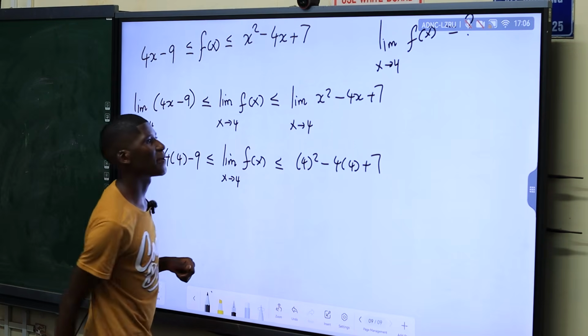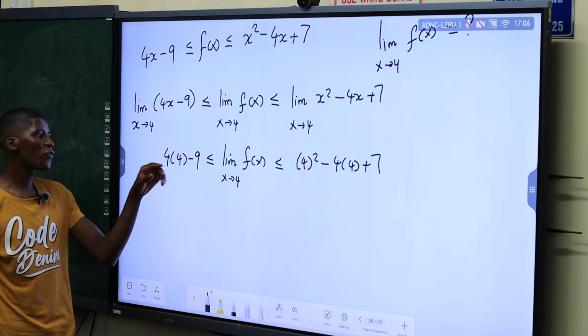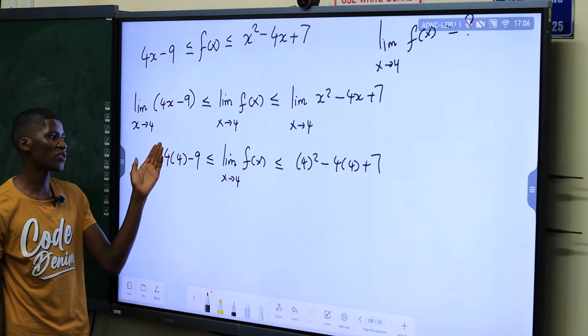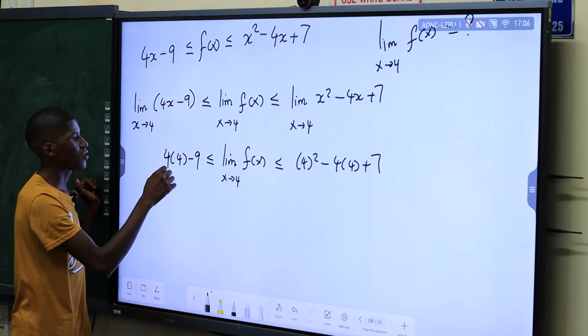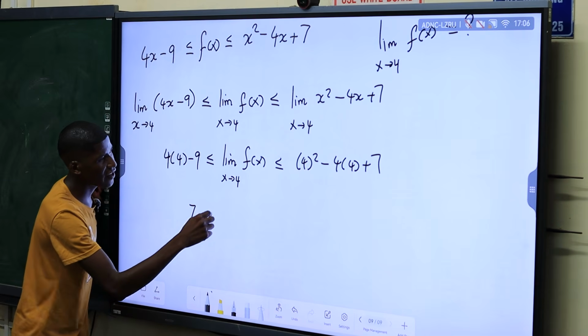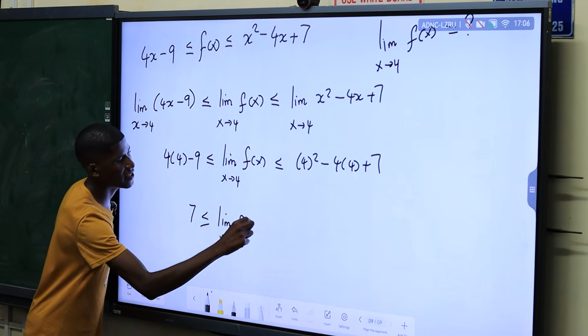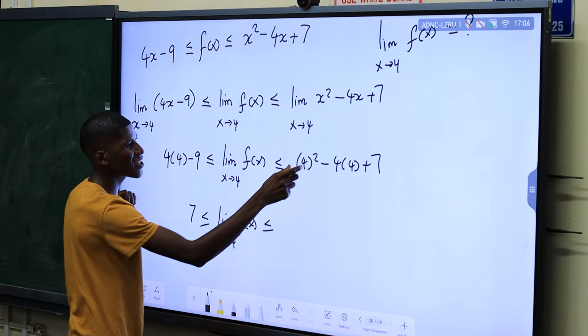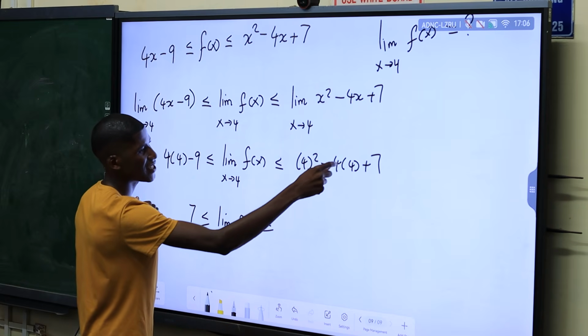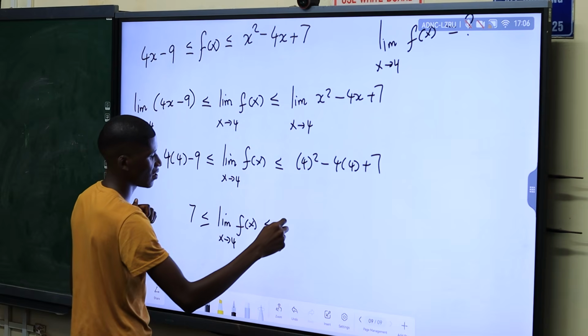You substitute 4 for x. What is 4 times 4 minus 9? 16 minus 9, so 7. 7 is less than or equal to the limit as x approaches 4 of f of x, which is less than or equal to 16 minus 16 plus 7.